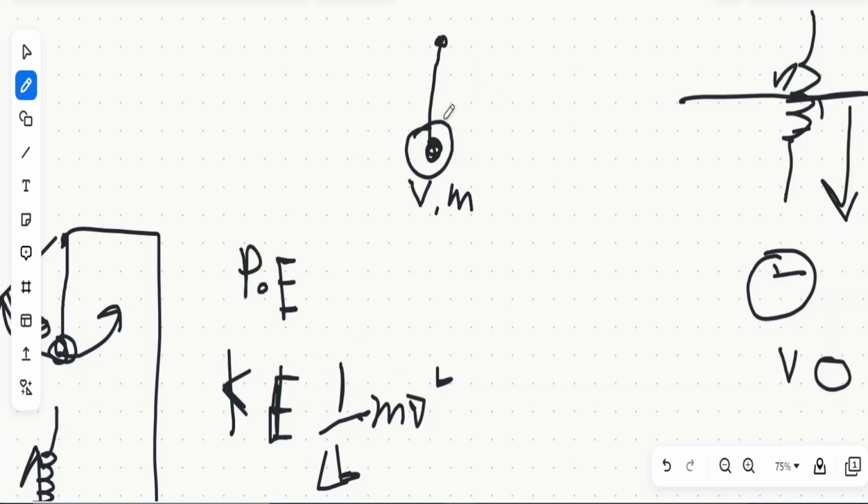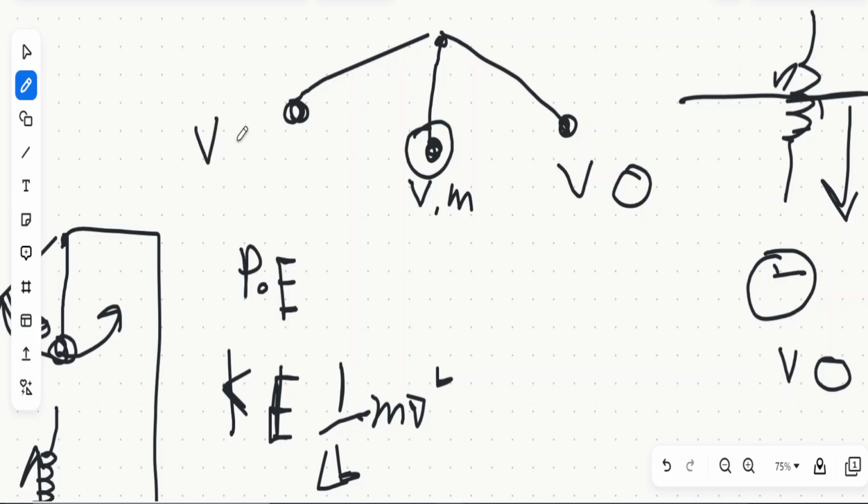But when my ball or my spring is at its maximum height, so for example here or here, in these 2 points, my kinetic energy would be 0 because my velocity, I told you, at the maximums is 0. Velocity right here is 0 as well. So kinetic energy is maximum at the center but 0 at the maximum heights.